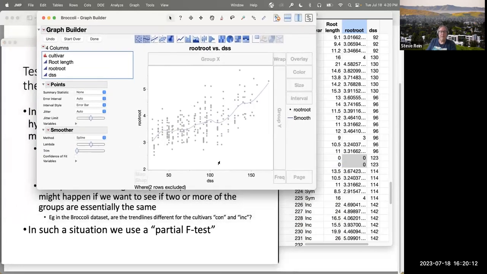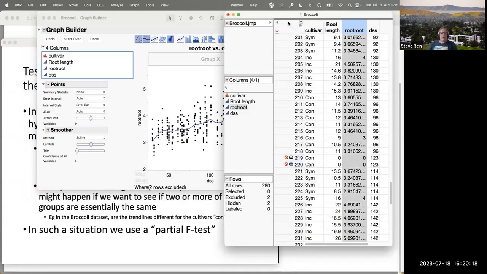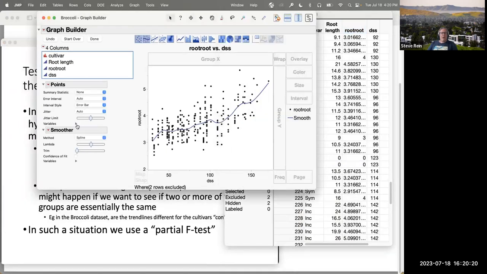Let's highlight all of the data, make it darker. It looks as though there may be an approximately linear trend relating the number of days since the plants were planted to the square root of the length of the root system.